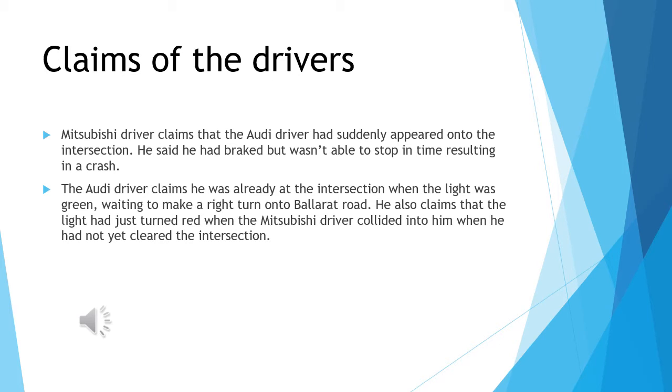The Audi driver claims that he was already at the intersection, stopped when the light was green, waiting to make a right turn onto Ballarat Road. He also claims that the light had just turned red when the Mitsubishi driver collided into him when he had not yet cleared the intersection.